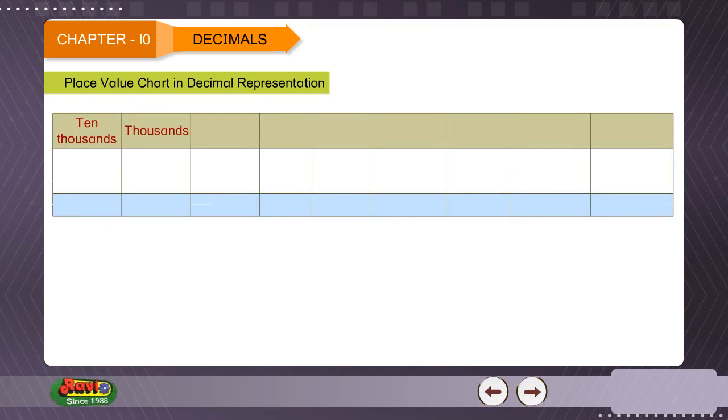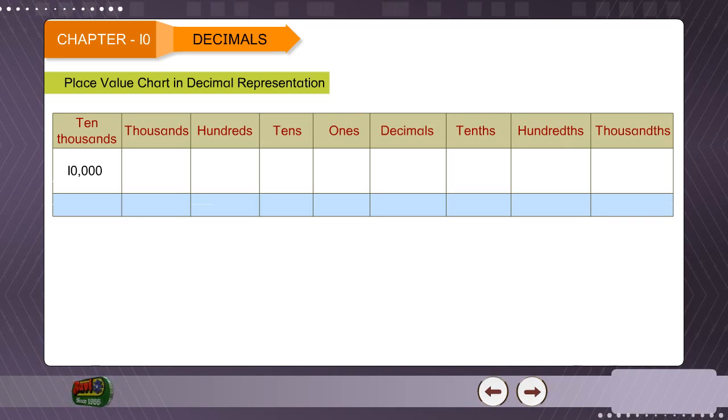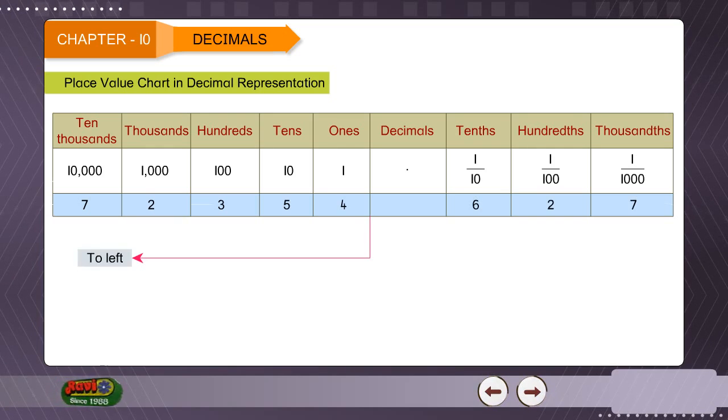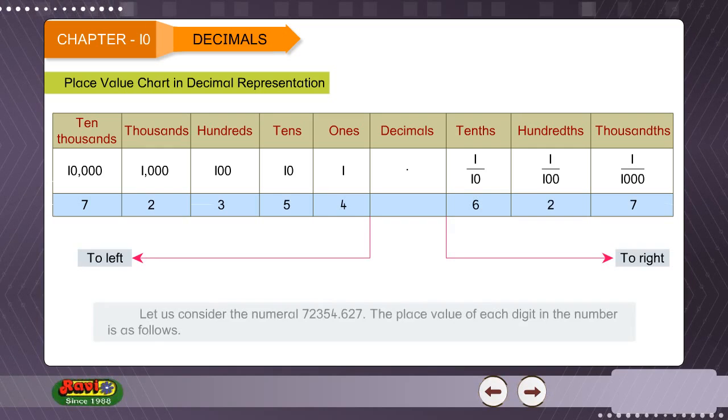10,000s, thousands, hundreds, tens, ones, decimals, tenths, hundredths, thousandths: 10,000, 1,000, 100, 10, 1, point, 1 by 10, 1 by 100, 1 by 1000. To left, to right. Let us consider the numeral 72,354.627.